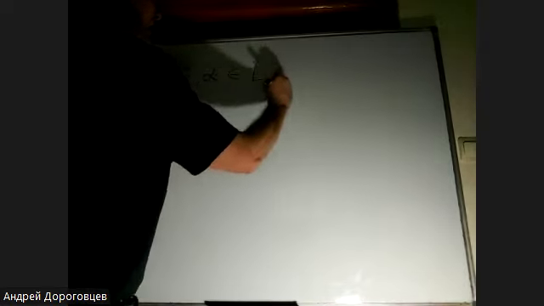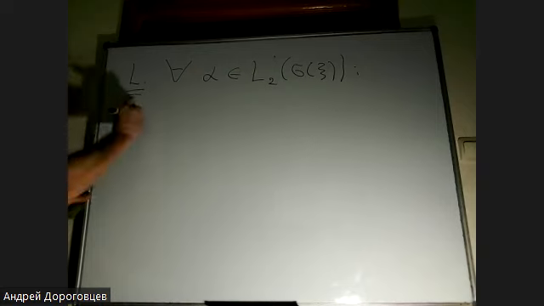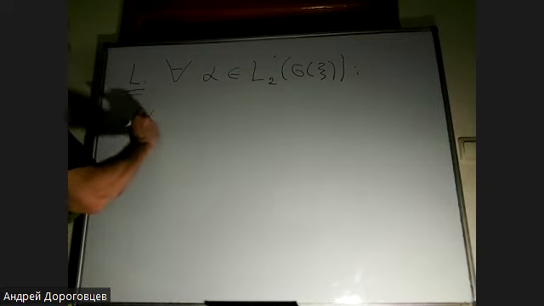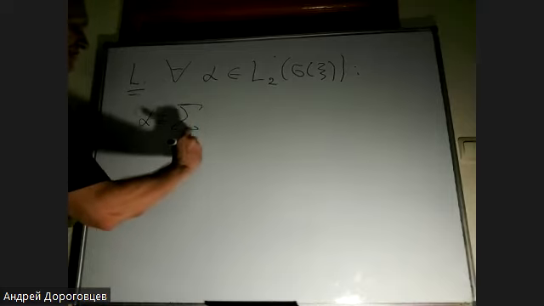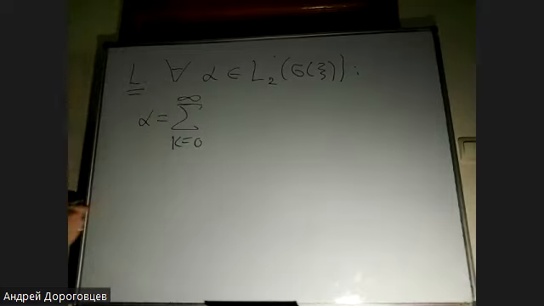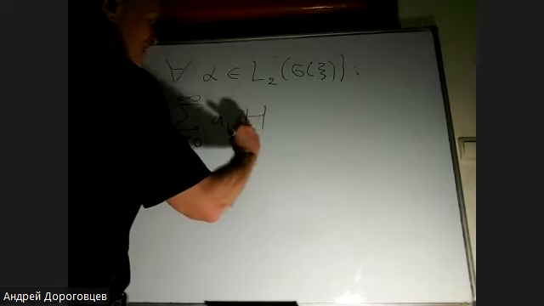It can be formulated as another lemma: for every alpha which belongs to L2 sigma xi, we have a unique representation. Alpha is equal to the sum from k equals 0 to infinity of ak hk of xi.